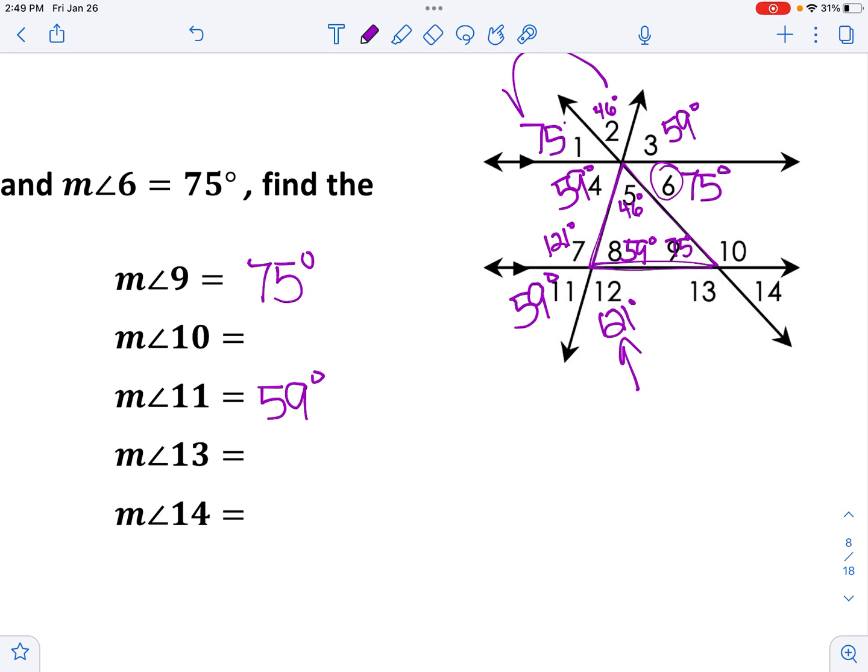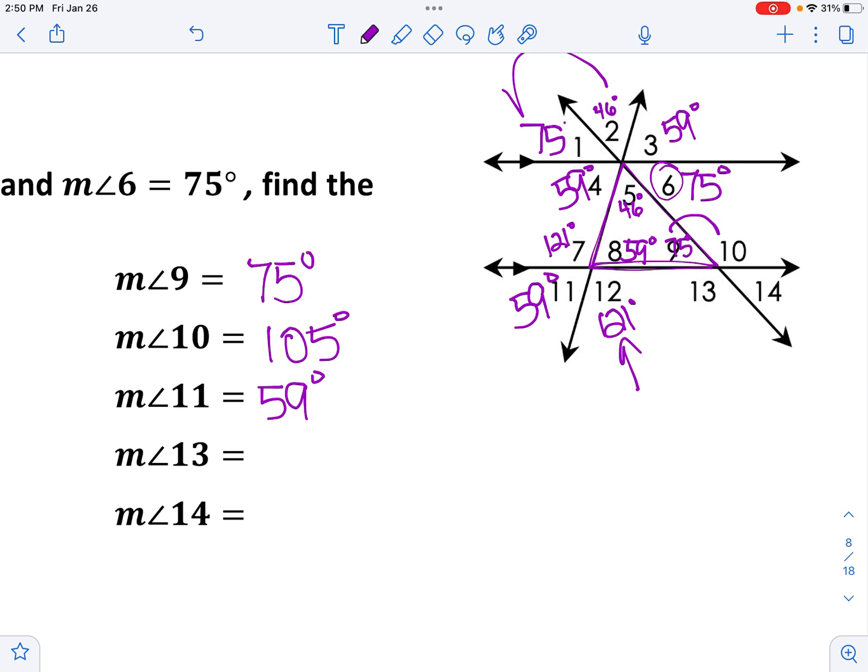Okay. Angle 10, well, these two are a linear pair, so they have to add up to 180. So 180 minus 75 is 105. And then that gives us the rest of it.